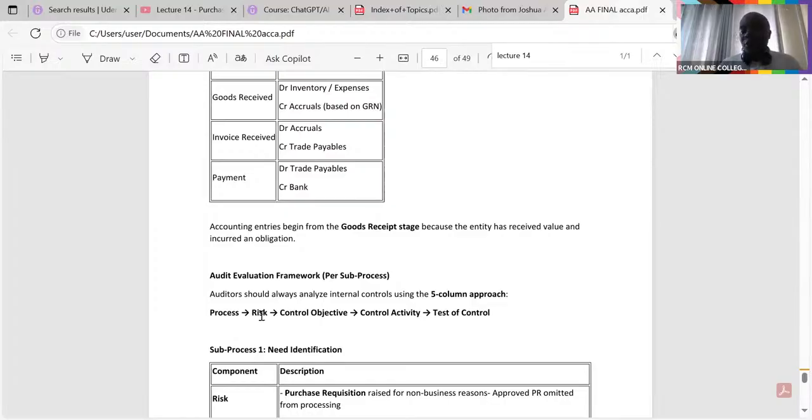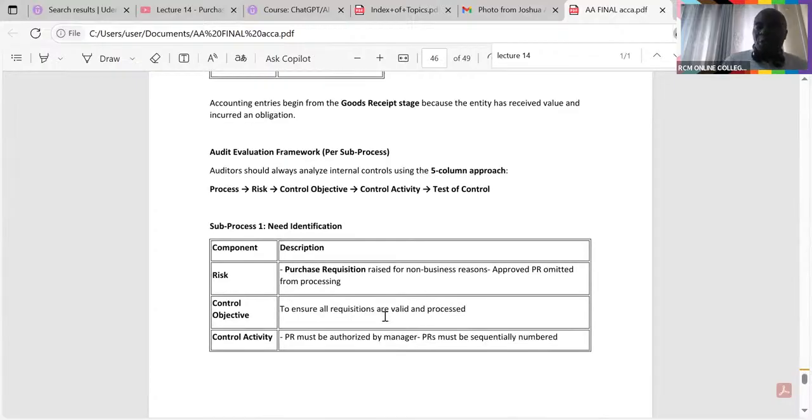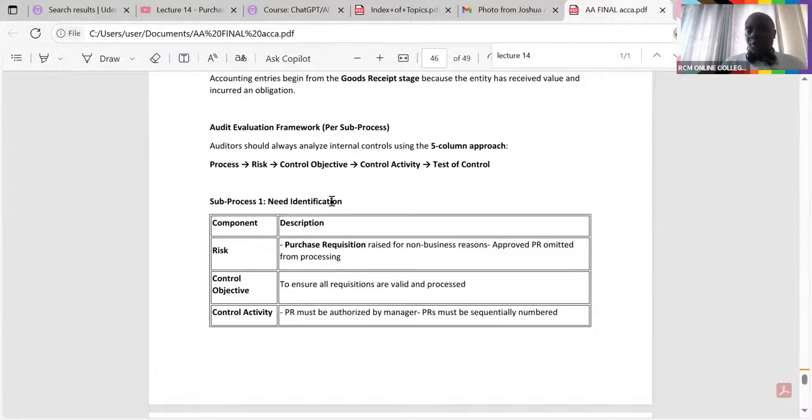What is the risk involved? What is the key control objective there? What is the control activity? And then now as an auditor, come and test the controls. So I start with sub-process 1, need identification. So the process here is need identification.